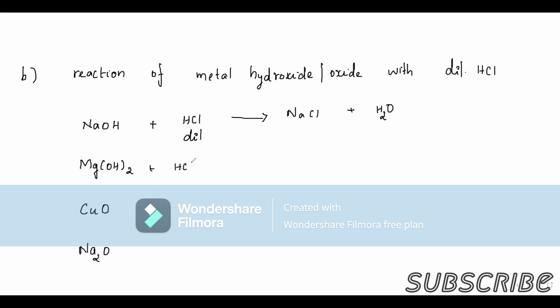Magnesium hydroxide and dilute HCl gives us MgCl2, magnesium chloride, plus water.